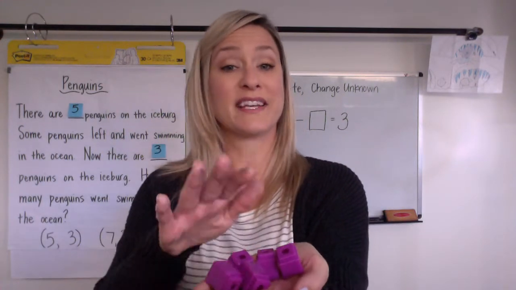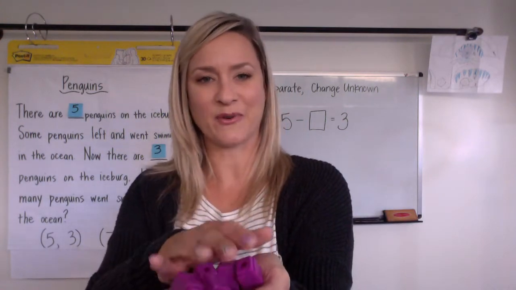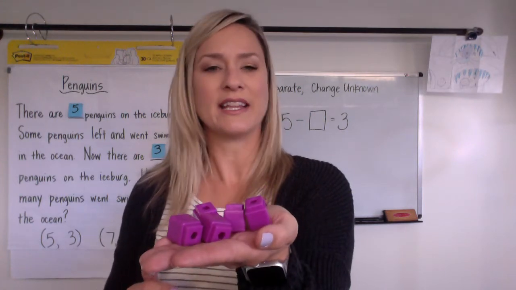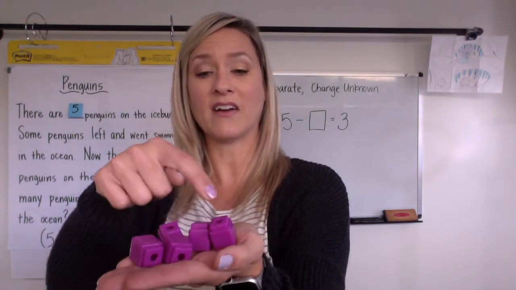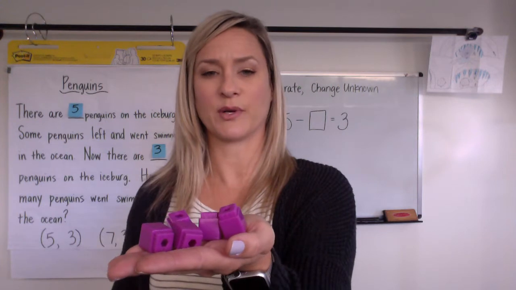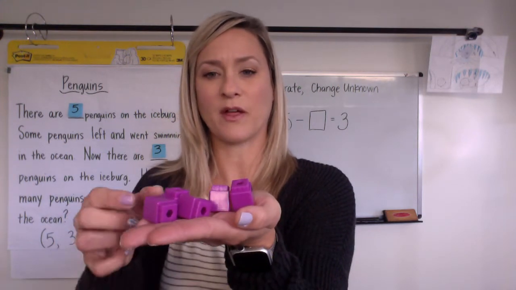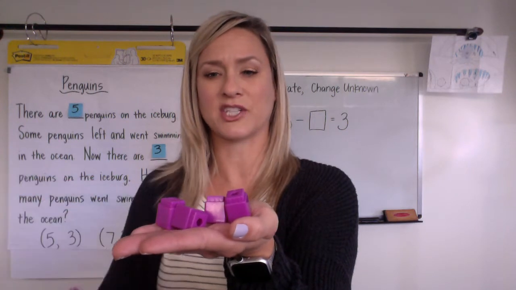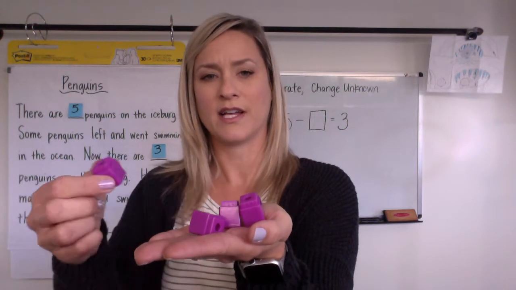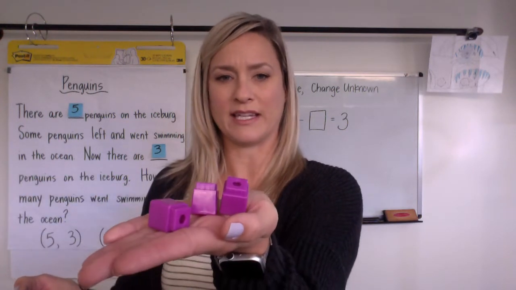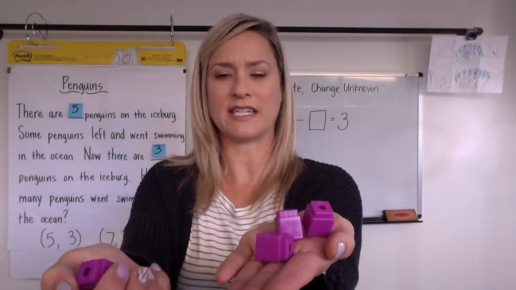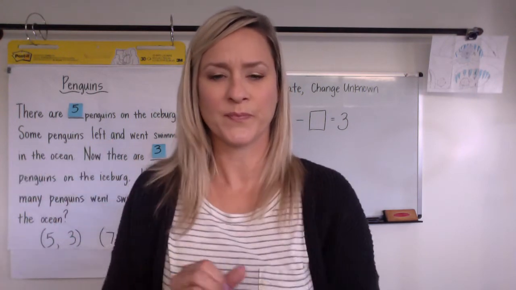Or excuse me, this would represent 5 penguins on 1 iceberg. And then some left, and they have to have 3 on the iceberg at the end. So how many went swimming? So they'll probably need to use the action of pulling off some of the penguins to have 3 in the end. So then they'll have to see, okay, I pulled off 2.